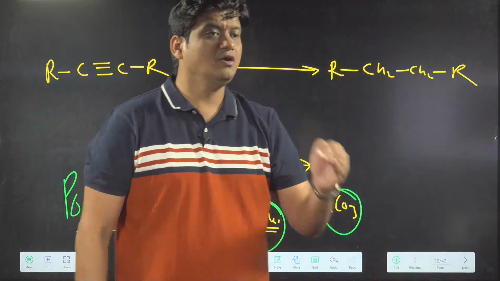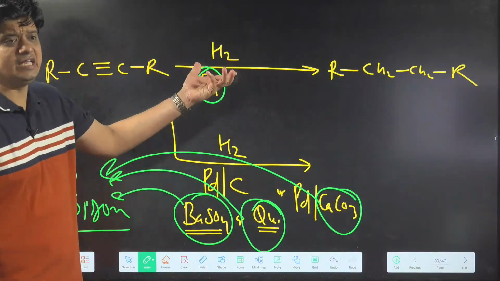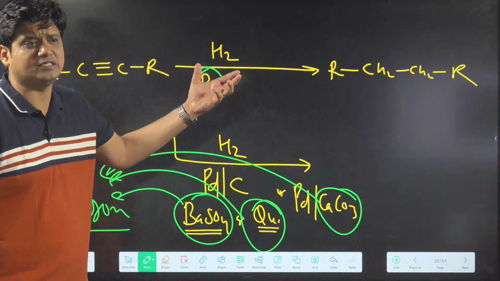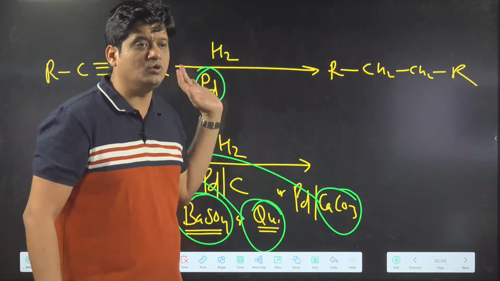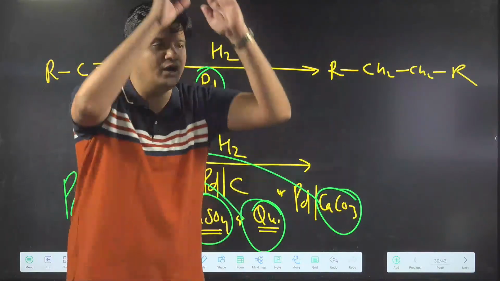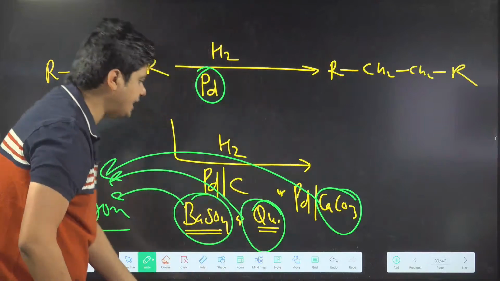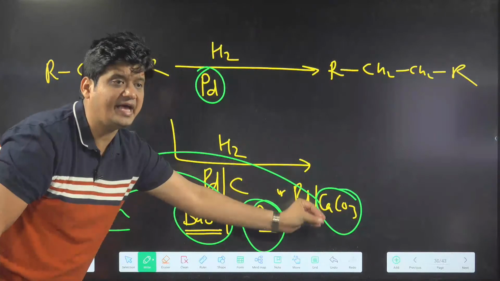Listen carefully. What I am saying, if I use H2/Pd, very active catalyst, it will reduce up to alkane. But we want to stop reaction at alkene. For that, we have to poison it. We have to add poison there.